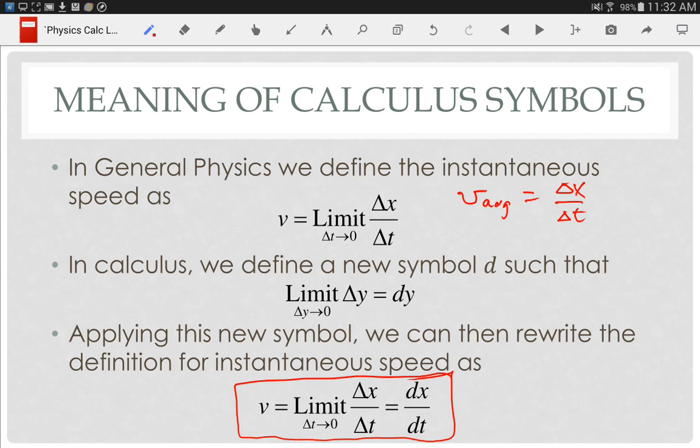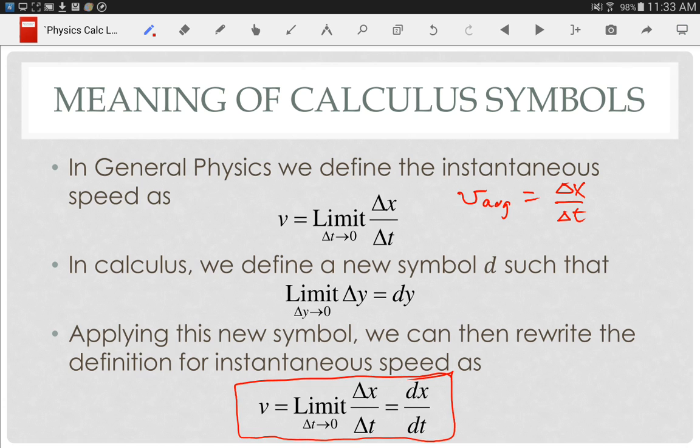All the rules we've learned in calculus are simply how to do things like that, and instead of having to do all the hard work, we just use rules we've learned. You all probably remember the first time you did a derivative: f of x plus delta minus f of x, all divided by delta.